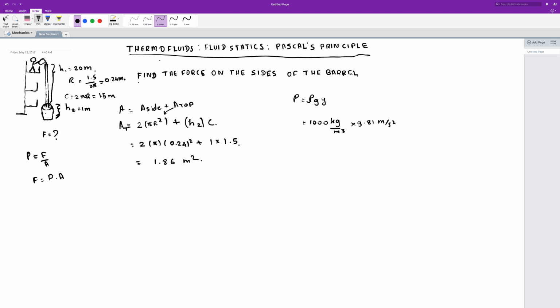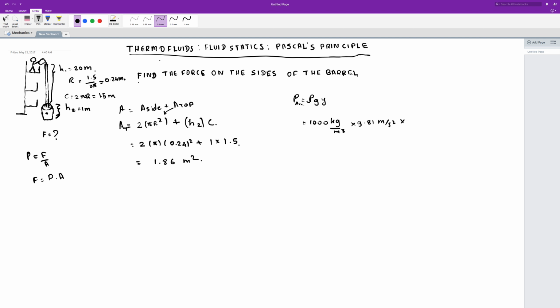For the height, we are taking the average pressure. When we take the average pressure, it's going to be acting exactly on the middle of the barrel. So we have h1 right here, and we have to calculate this total height. So h1 and h2 by 2.